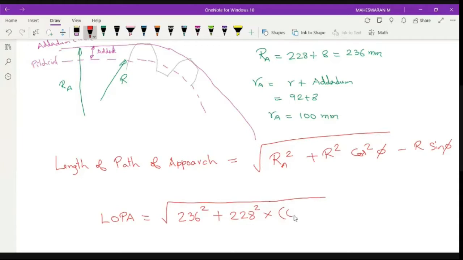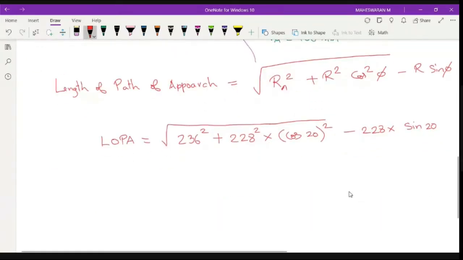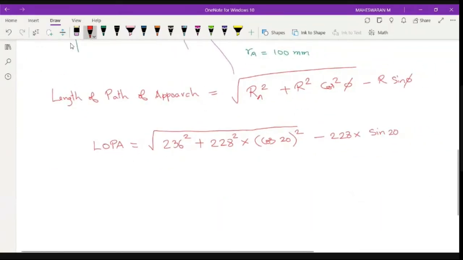So cos 20, the whole square, right? Then minus, capital R, which is 228, into sin 20. So you will get an answer, right? I will try it out. So 240.755.